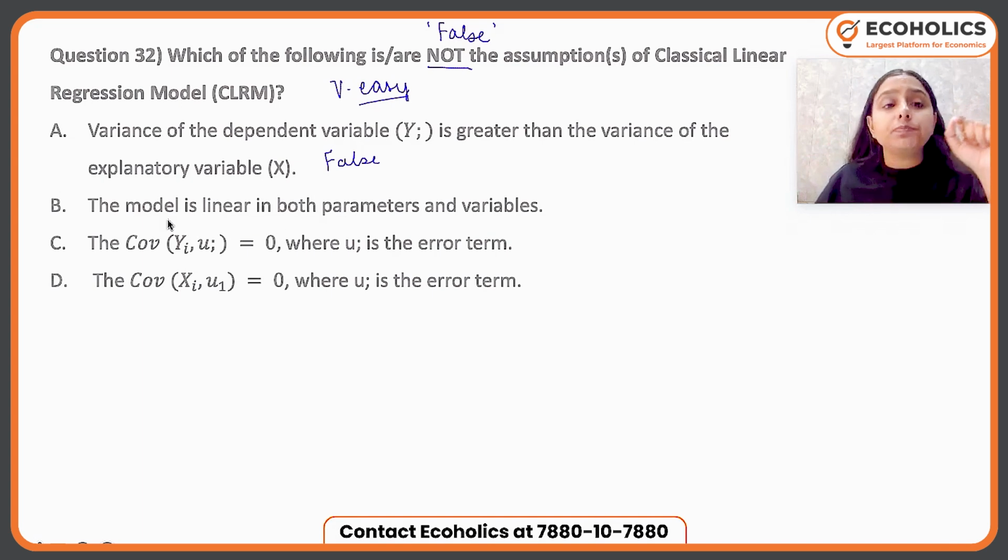Next statement: the model is linear in both parameters and variables. Again, a trap. There is an assumption about linearity of parameters, so as soon as you read it, you will say that this is a true statement, but no. This is again a false statement. The assumption is about linearity in parameters. Your variables can still be non-linear.